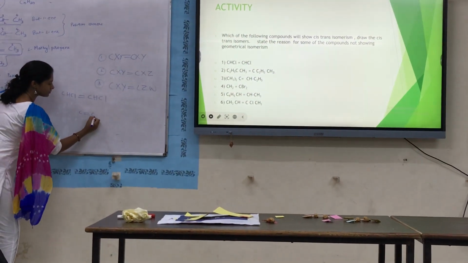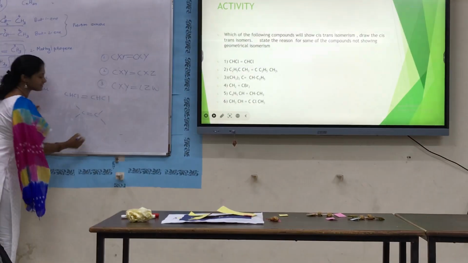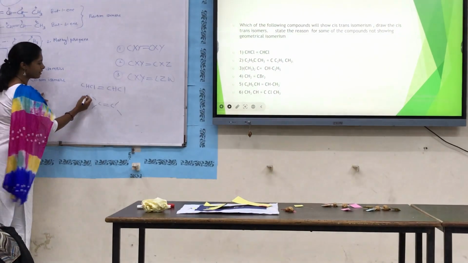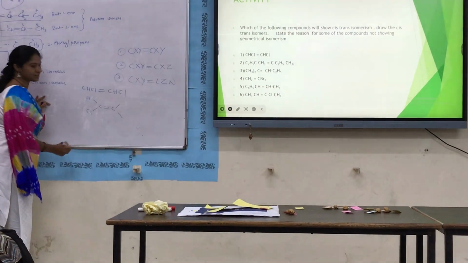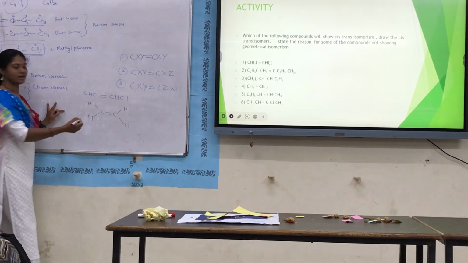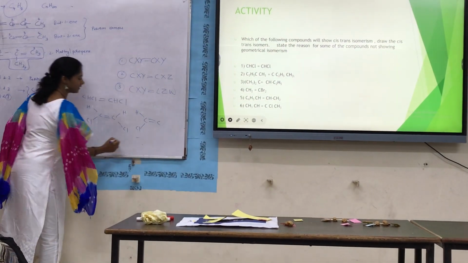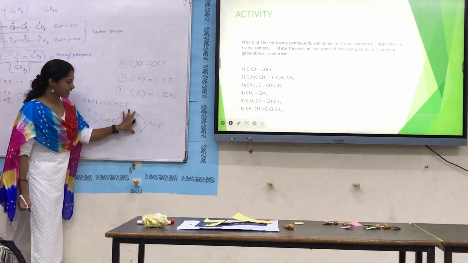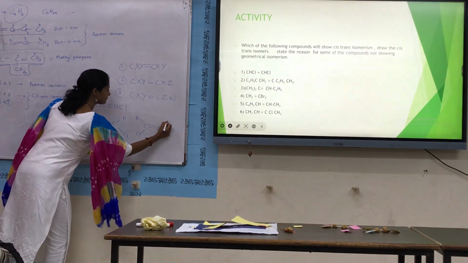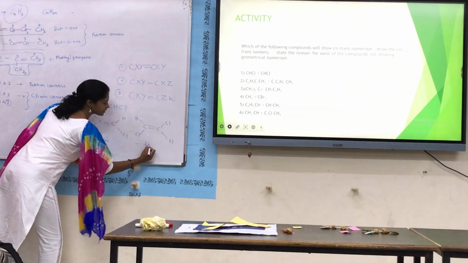First we should show the carbon-carbon double bond, and show the other two valencies attached to the double bonded carbon atoms. This is the first isomer and this is the second isomer. By keeping the two atoms attached to one of the double bonded carbon atoms the same, we can interchange, and we get cis and trans isomers.